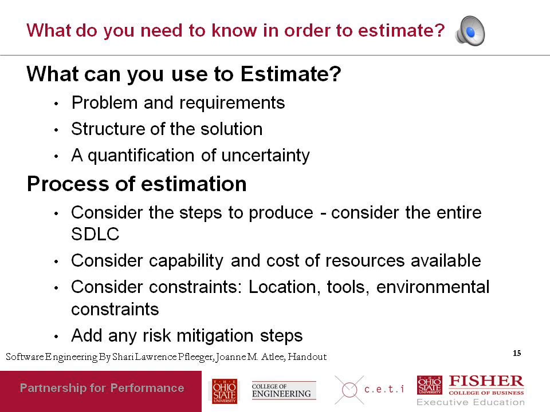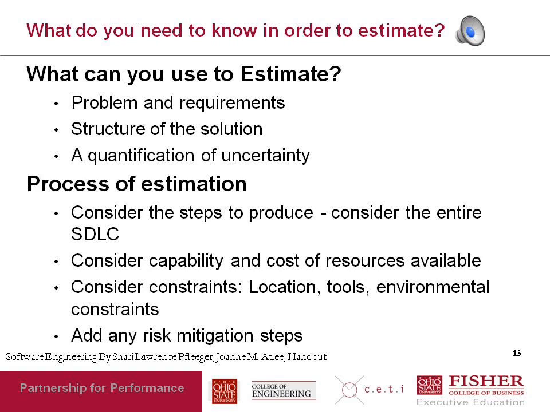Well, you can use the structure of the solution as well to do your estimation. So for example, once you have the architecture of the system defined, and we'll talk about architecture in later lectures, but for now, assume that architecture is the components that the system will be composed of. Once you know that architecture, you can perhaps use that to do your estimation.